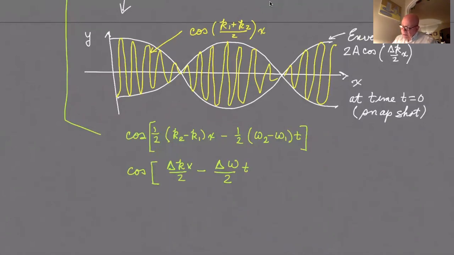So going back to our nomenclature, if we were to look at two points on this envelope, these are two points of constant phase.